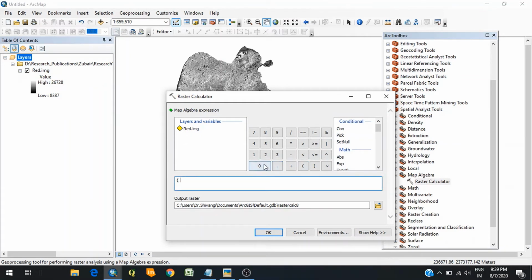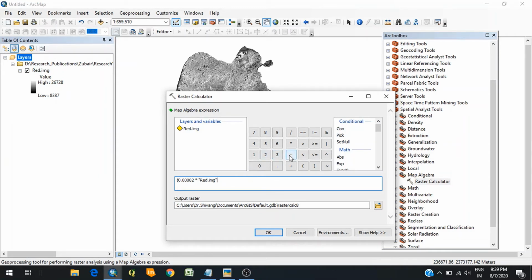Okay, now we'll do it. 0.00002, that is the multiplicative rescaling factor, times the DN value of the image, that is QCal. So here you will take the image itself, the band 4 image. Then the additive rescaling factor, you have to add the additive rescaling factor, and the value of the additive rescaling factor was minus 0.1.